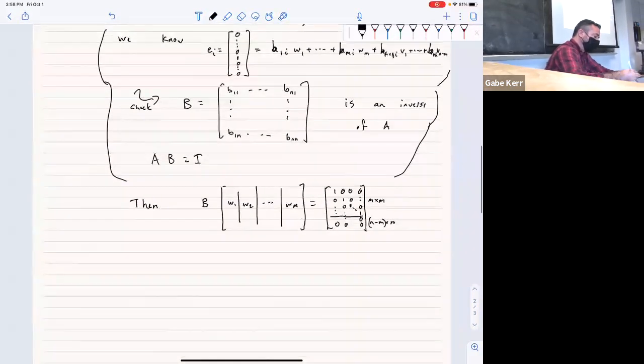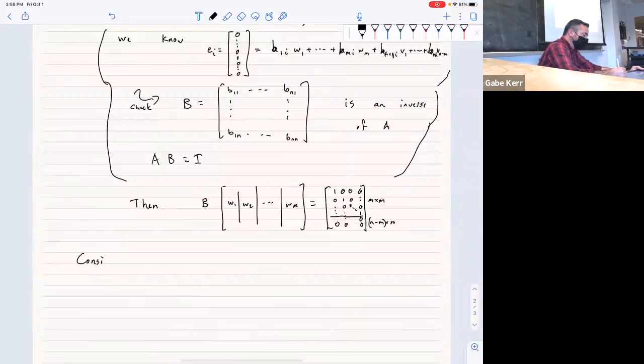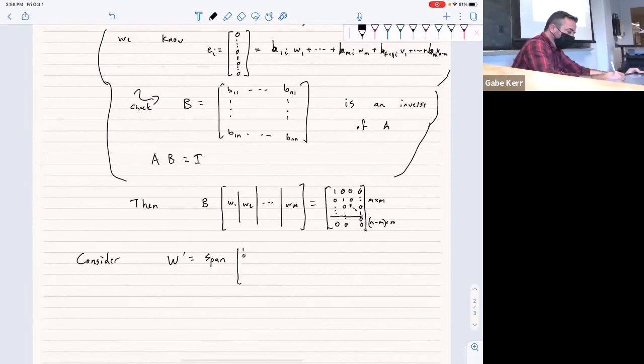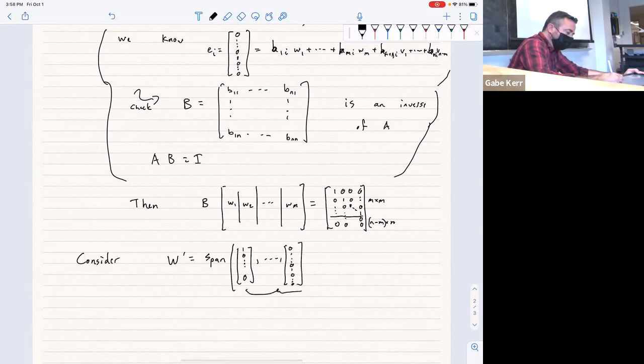Consider W prime equaling these guys. There's M of them. What is it?